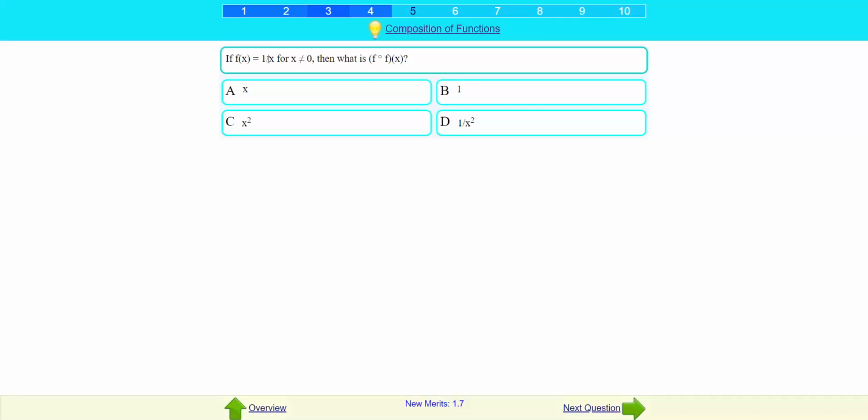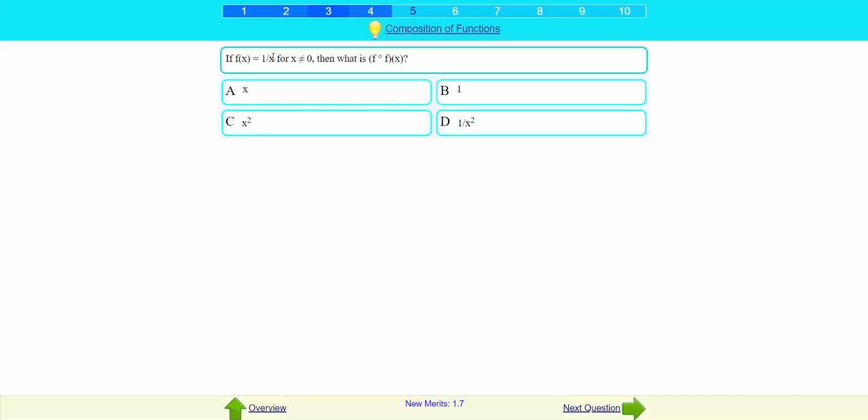Now, this is a fraction. For x not equal to 0, then what is f composed with f? So 1 over x. Yeah, 1 over x.